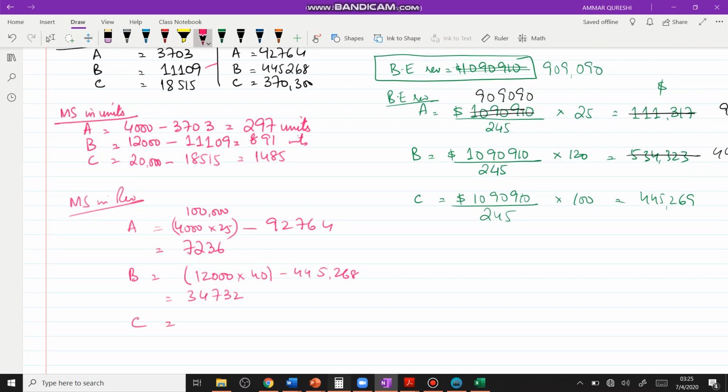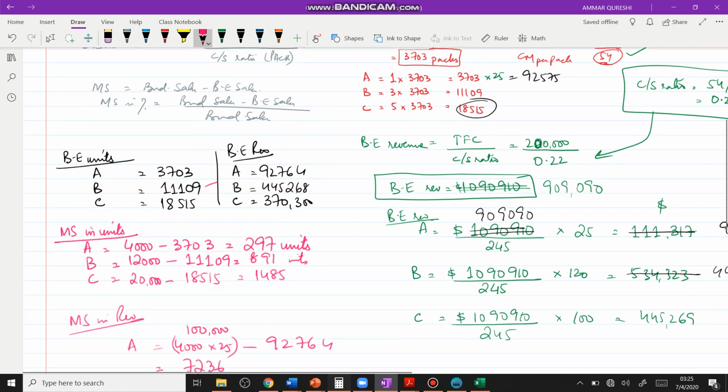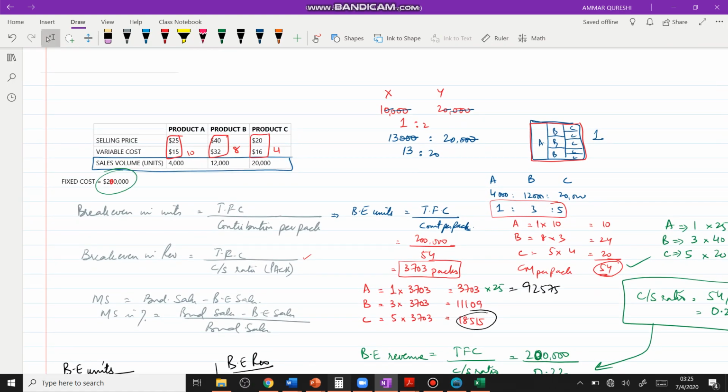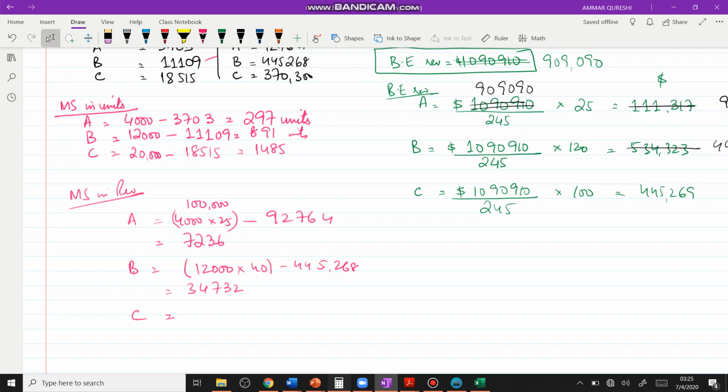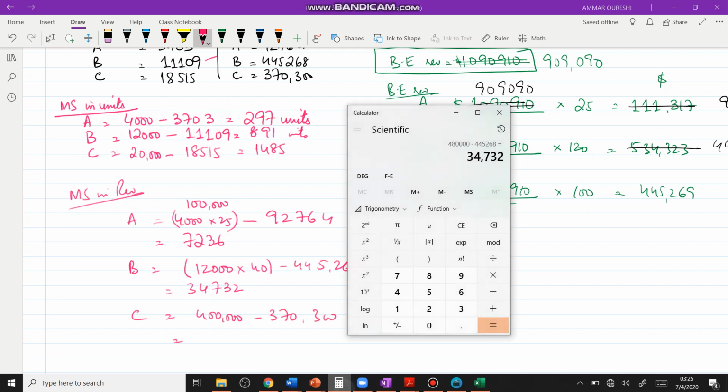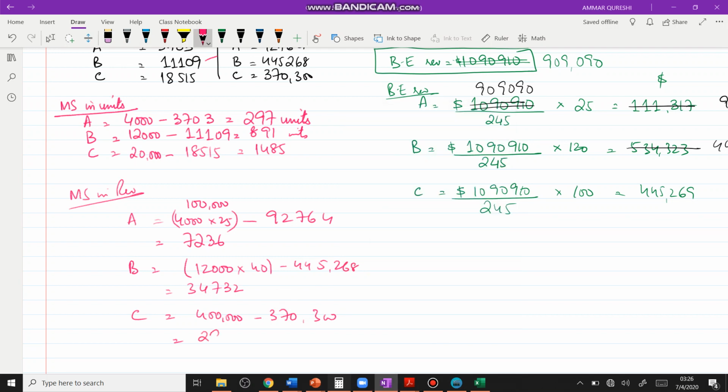And for C, the margin of safety in revenue will be 20,000 times 20, which is 400,000, minus 370,300, which is 29,700, right? So this is the margin of safety in revenue.